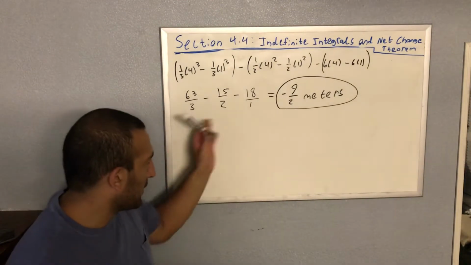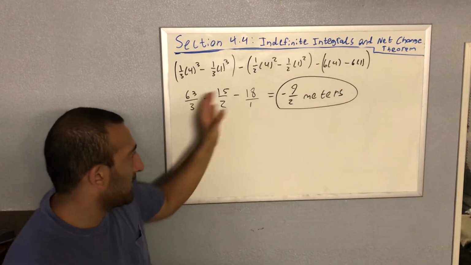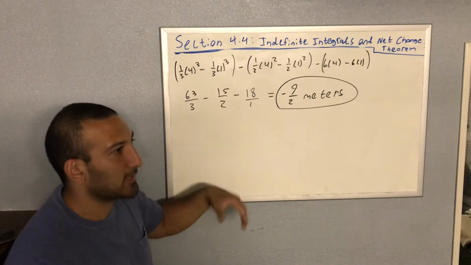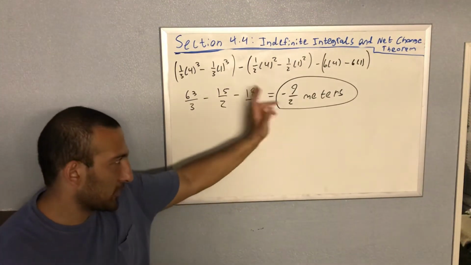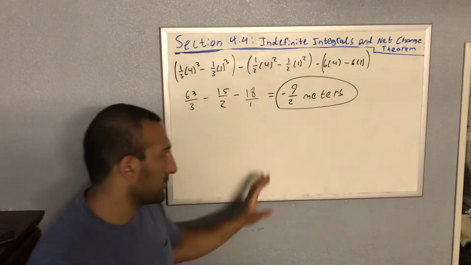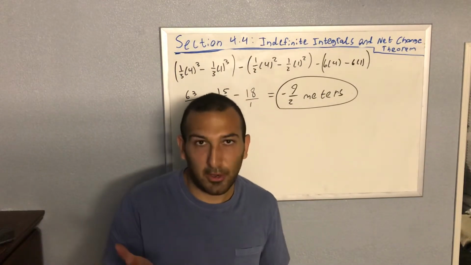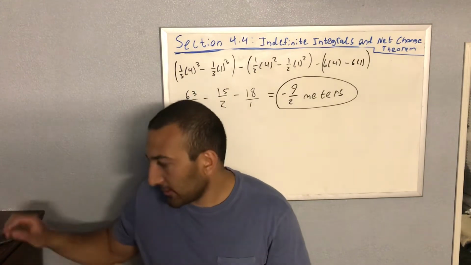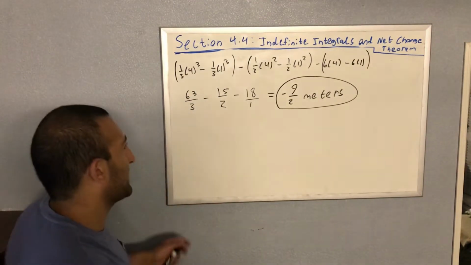Once the dust clears, you will have a denominator of 6, but then something's going to cancel so that you essentially get a 2 at the bottom. This is just arithmetic. The hard part is to see how to do the calculus. The arithmetic I leave to you.